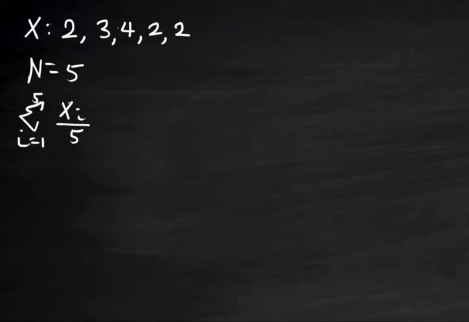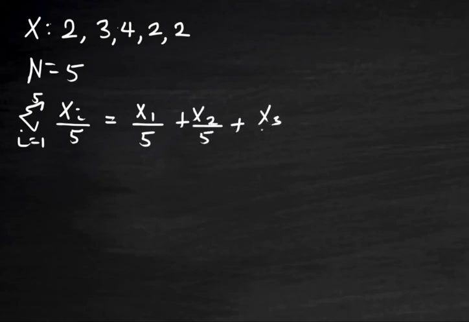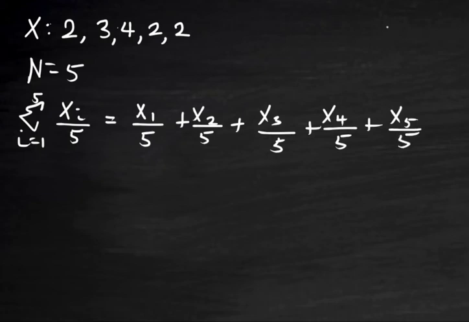Let's expand this form. The sum here equals x1 divided by 5 plus x2 divided by 5 plus x3 divided by 5 plus x4 divided by 5 plus x5 divided by 5.